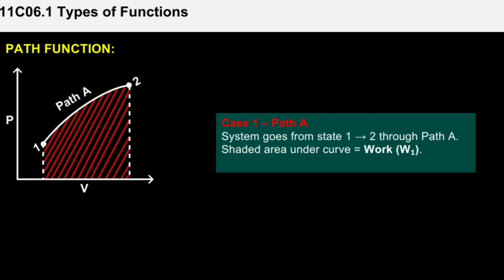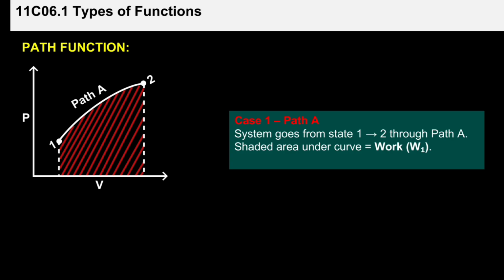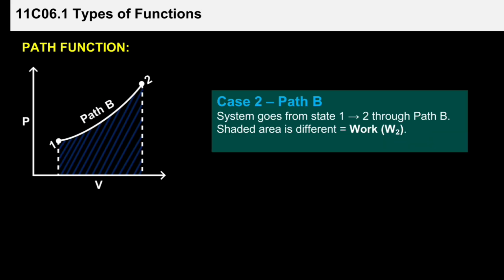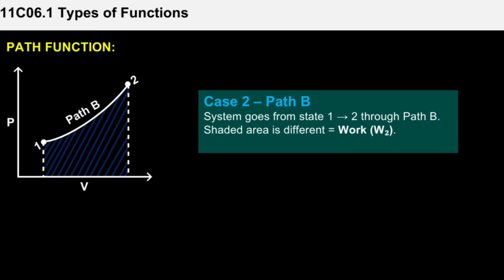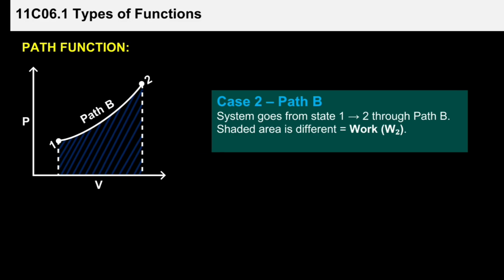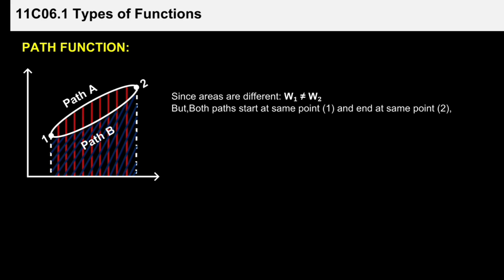We denote the work done through path B as W_B. It is different because the work done through path B is different from the work done through path A. Since the areas are different, the work done is also different through paths A and B.